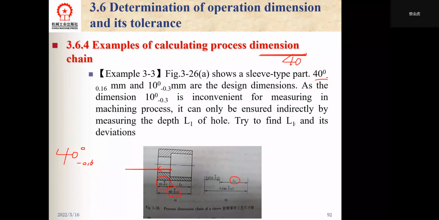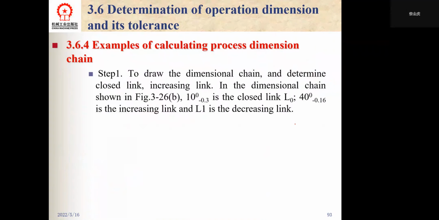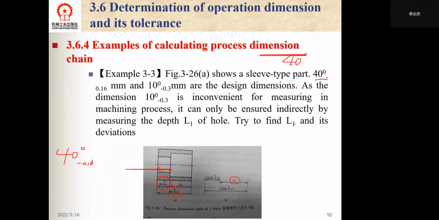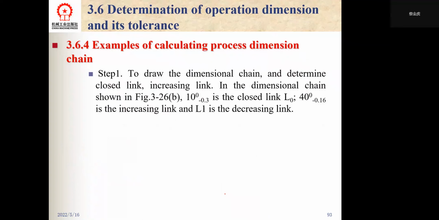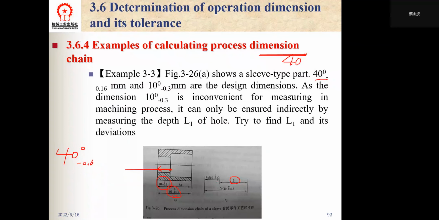The first step is to draw the dimension chain and determine the closed link and increasing link. In this figure, this L0 is inconvenient for measuring.